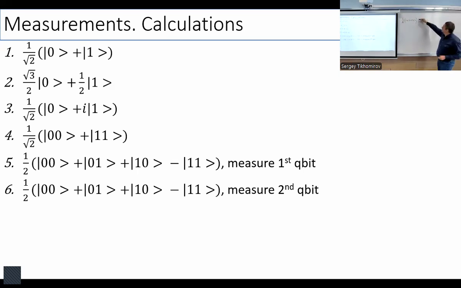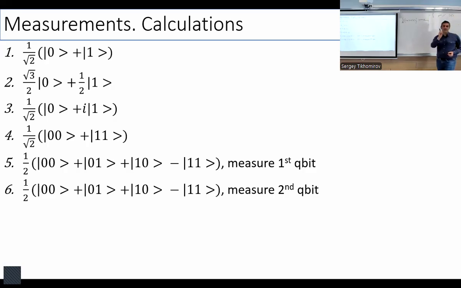So we do a measurement. What would be the result? We get 0, and the state becomes 0.